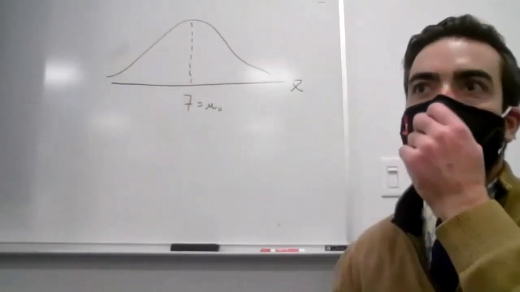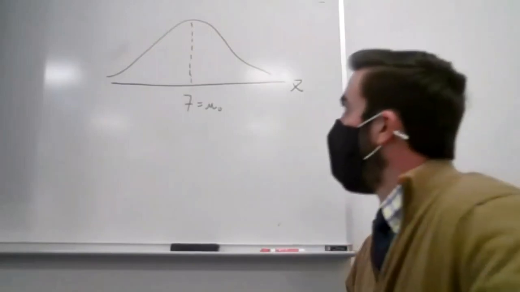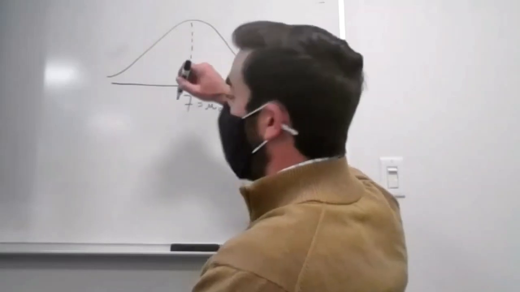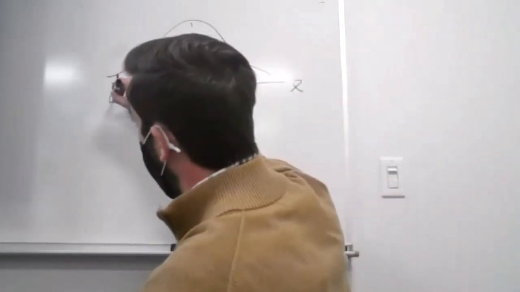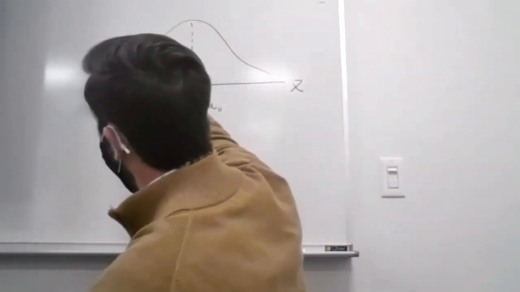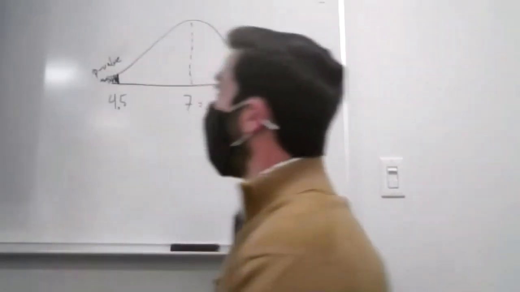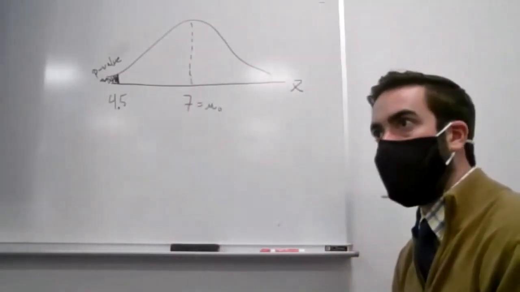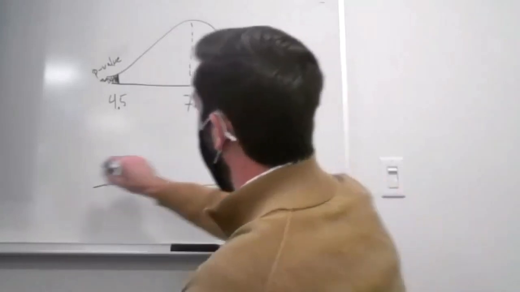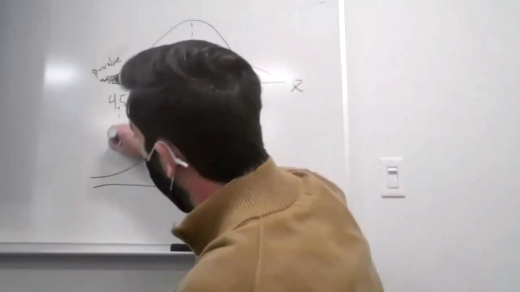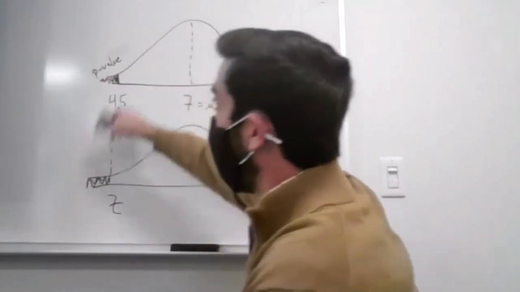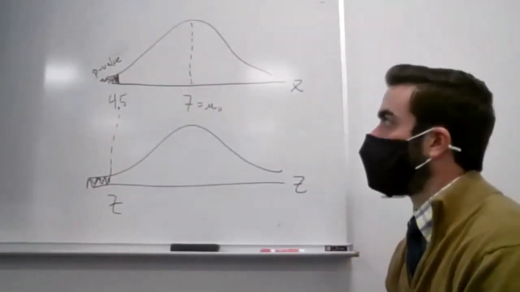So why didn't I choose 8.3, right? Well, if I build it around 7%, and I'm looking at 4.5, remember, this area represents my p-value. To find that p-value, I could turn 4.5 into a z-statistic.